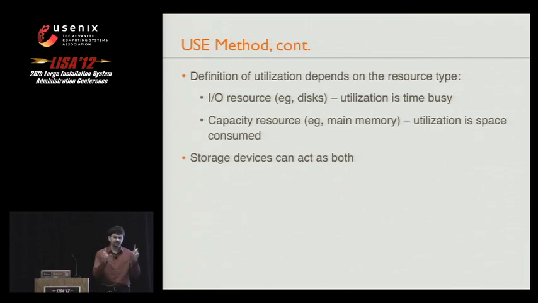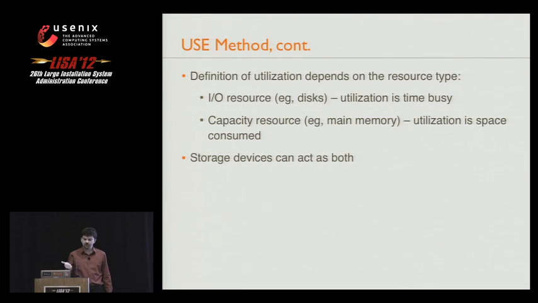So especially if the disk device is a storage array controller, well, it says it's 90% busy, but it has many disks, many of which are idle, and so it can accept a lot more work than you may assume based on 90%. So we work with what we've got. Utilization is time the component was busy, and try to get down to the smallest individual component so that value is more meaningful.